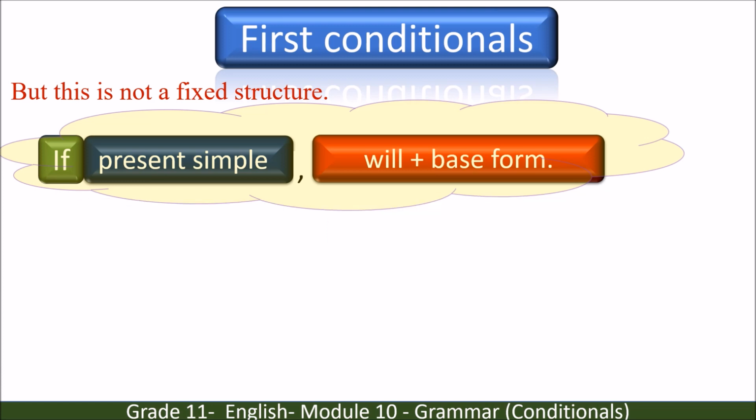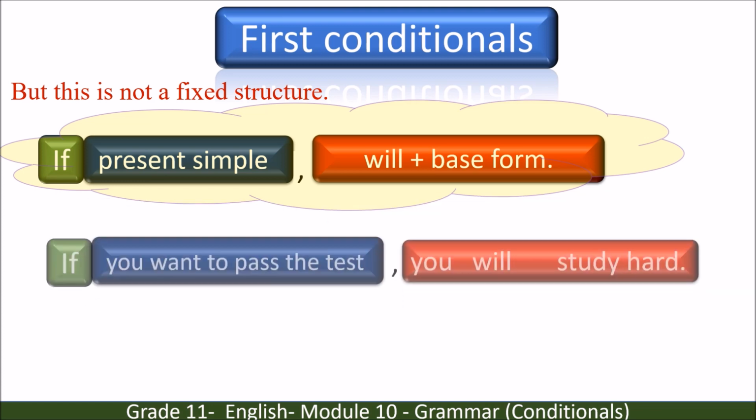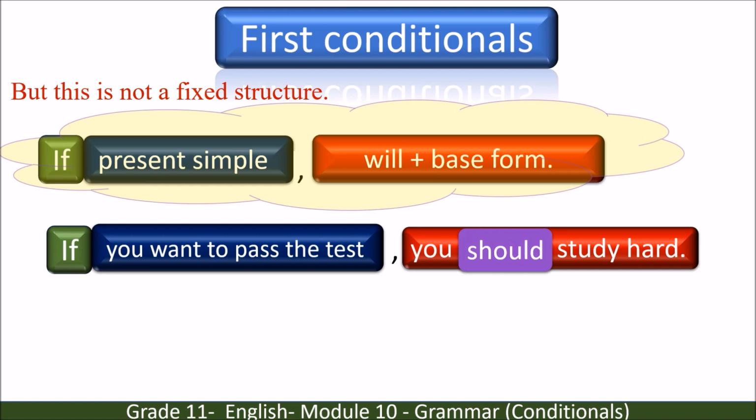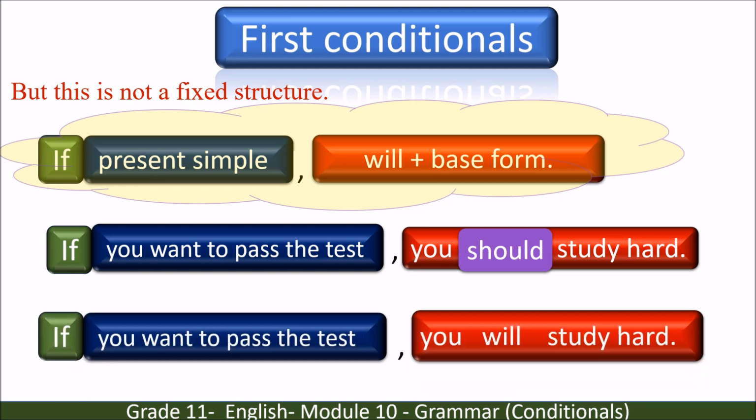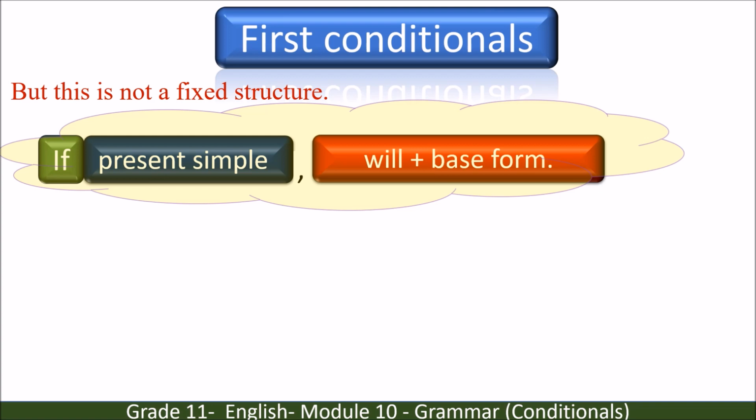I can also say, if you want to pass the test, you should study hard. In this sentence, I want to give advice. Or I can say, if you want to pass the test, you must study hard to express obligation.